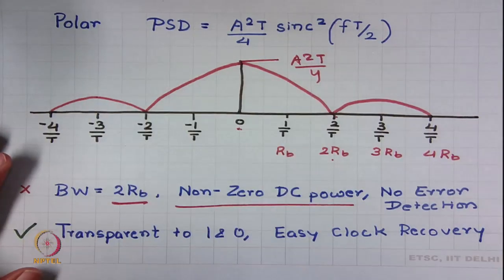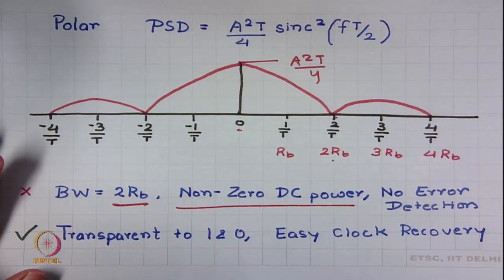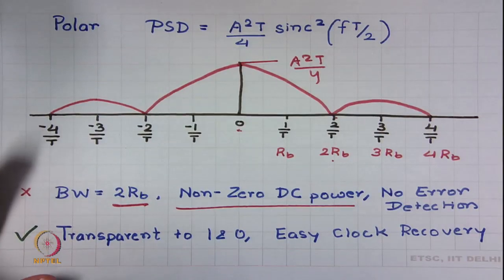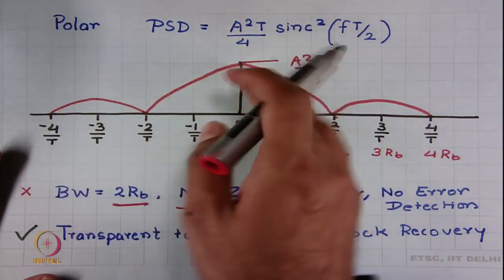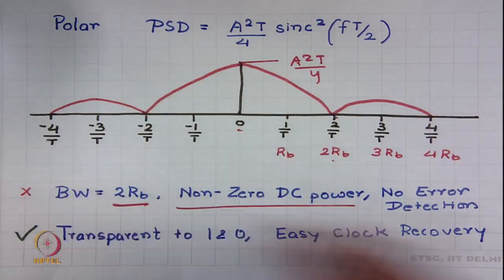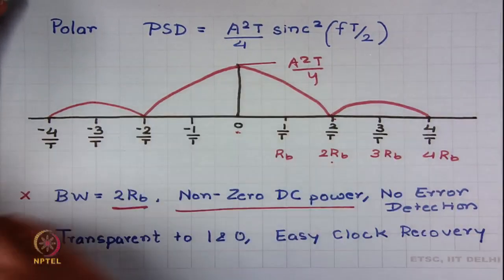Otherwise, you cannot use such a signaling mechanism wherever transformers are used, right. And not just transformers, we also use AC coupling circuits for impedance matching and so forth, and you will also lose power if you use such a signaling scheme. So, this is a disadvantage. Typically, you do not want to have a large DC power.